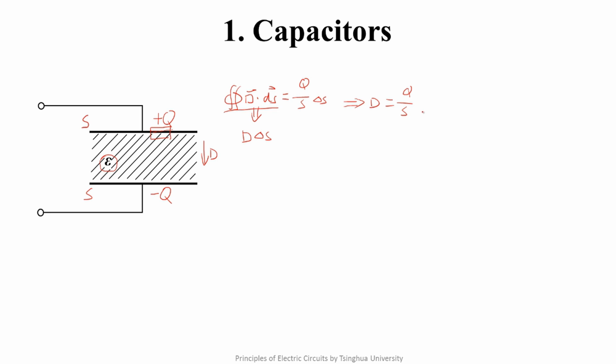We also assume that it is a linear homogeneous medium, so we get the electric field intensity E equal to D over epsilon. According to the definition of electric field, the voltage is the integral of electric field intensity, so the expression of U is this.